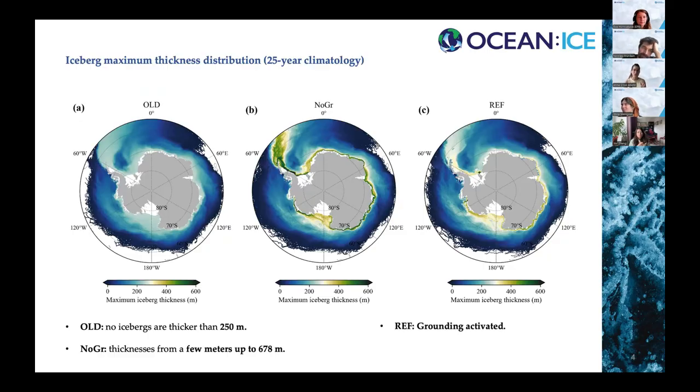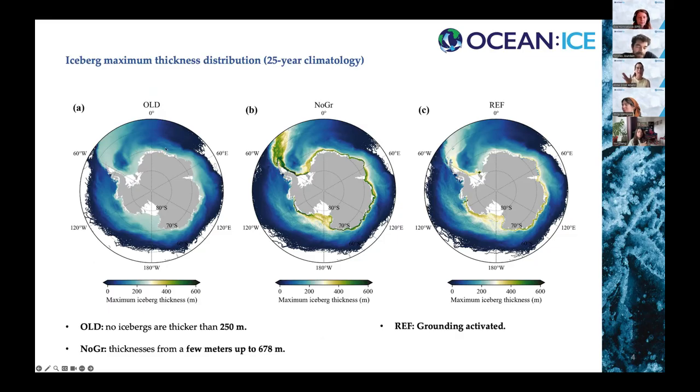Let's start with the results of these three experiments. As you can see in this figure, we have been representing the iceberg maximum thickness distribution across the Southern Ocean, for the old experiment, the no grounding experiment, and the reference experiment.